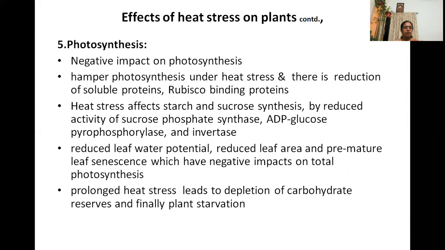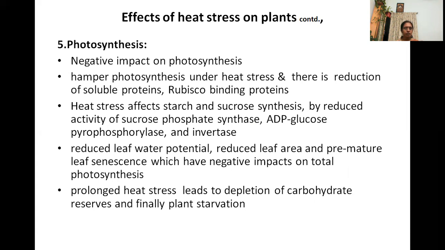All these are reduced. The activities of all these enzymes are reduced, and then there is reduction in the leaf water potential, reduction in the leaf area, and premature leaf senescence, which actually are the most important negative impacts on total photosynthesis.